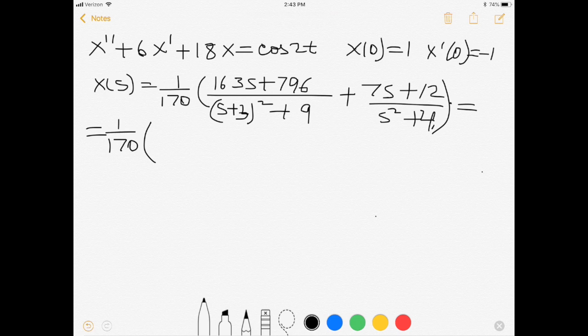The first term gives me 163, here I write s plus 3. Then I use part of 796 here, and this will be s plus 3 squared plus 9. But what is left over? Left over is 307. Okay, I write plus 307.